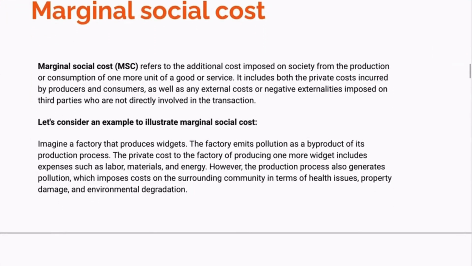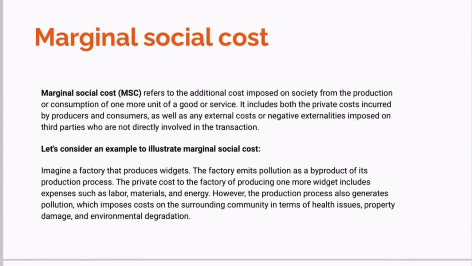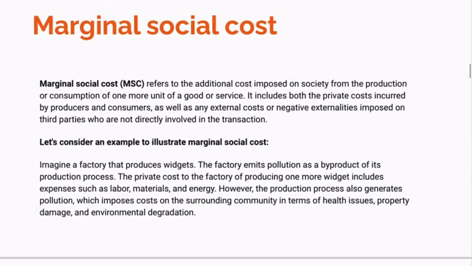Now, when you are talking about environmental economics, we are not simply talking about the marginal total cost. We are also interested in figuring out the cost which is borne by the society, and we had already discussed that this comes from negative externality. So, what is the marginal social cost?